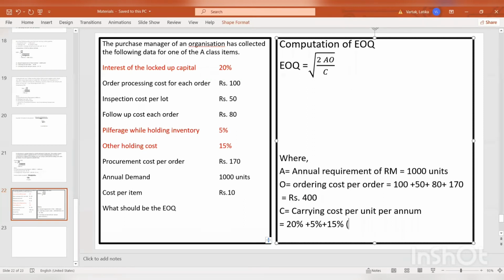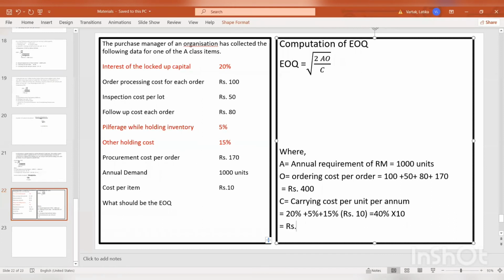Of the cost per unit, whatever amount we are paying for 1 unit of raw material, that is rupees 10. So here 20 plus 5 plus 15 is 40%. 40% of rupees 10 is rupees 4.